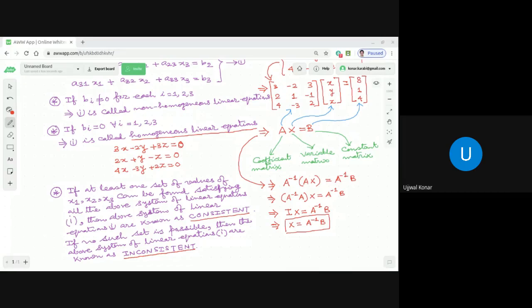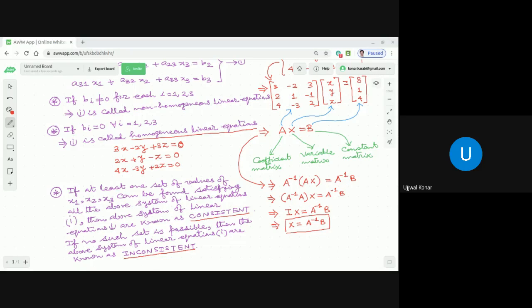Now, how we are going to find it out, that we are going to learn. So, the steps to find the solution to the system of linear equations.